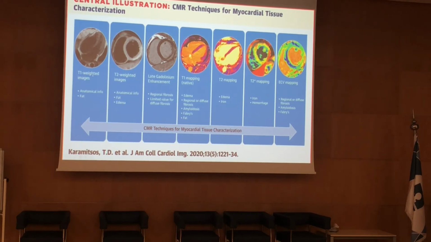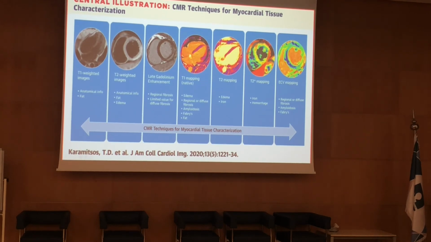So this is T1. You know T1 and T2? Okay, good. So T1 weighted images. You see, this is the left ventricle here, and this is the right ventricle, and this is the left atrium, and this is the aorta. So we see the anatomy and fat. This is fat here.